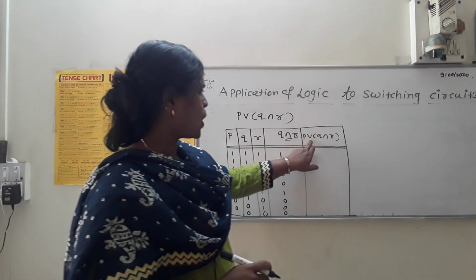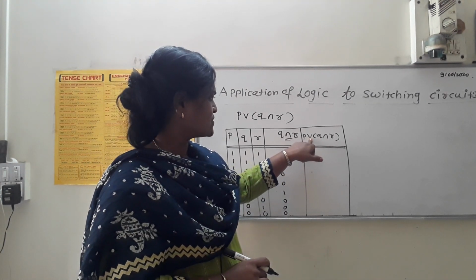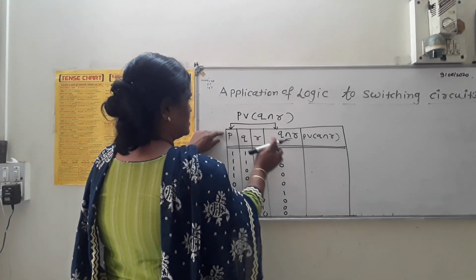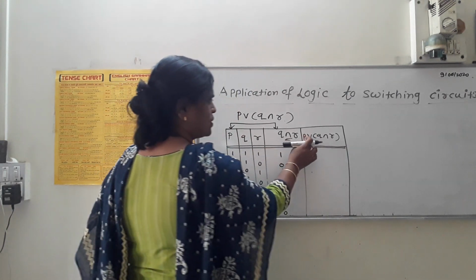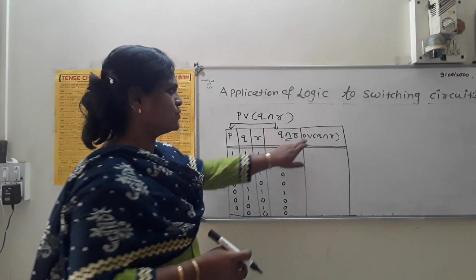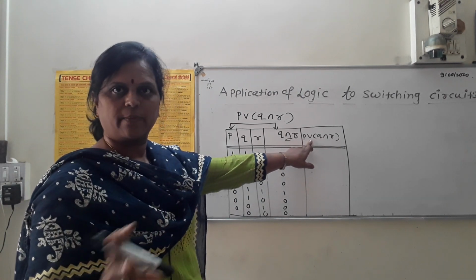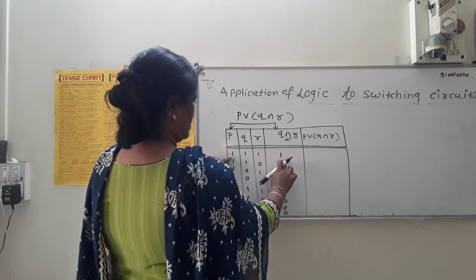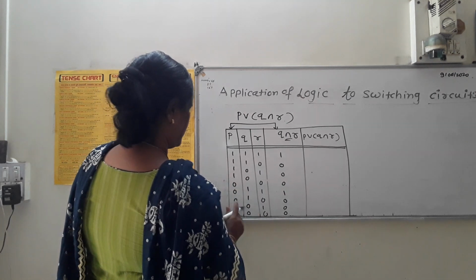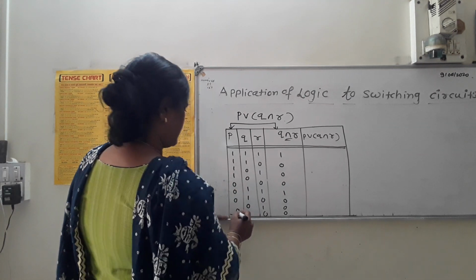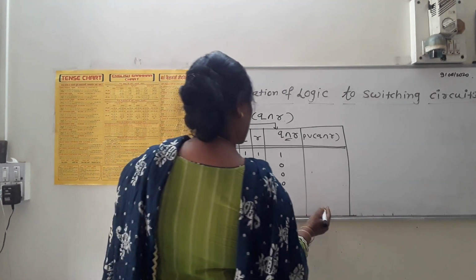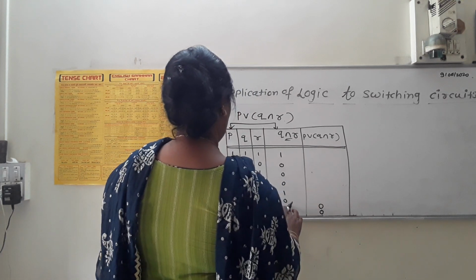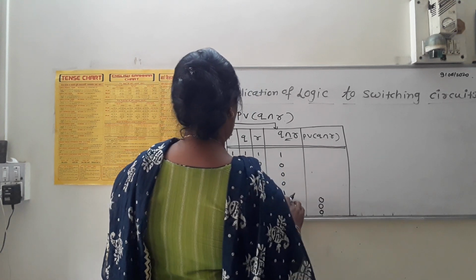Okay. And now here or. Or means disjunction. So here P, this part is P and this part is Q and R. So here or means disjunction. So false, false, false, remaining all are true. So here P and this one or. So 0, 0, 0, false.